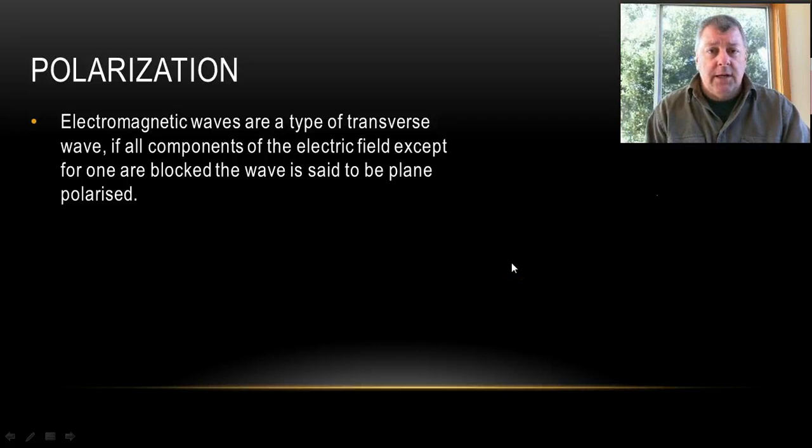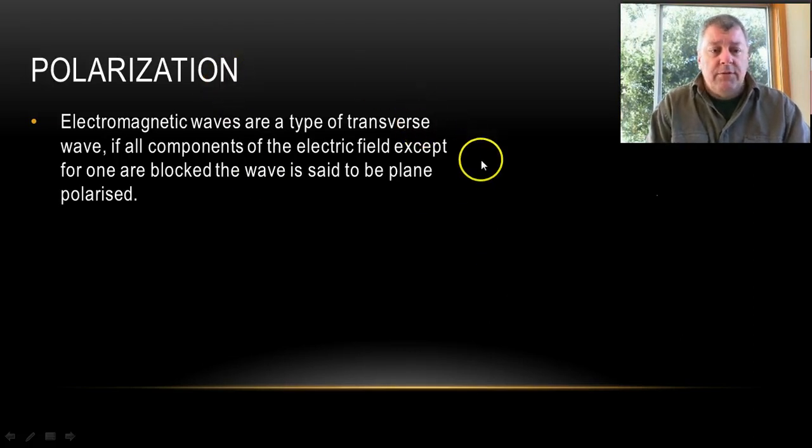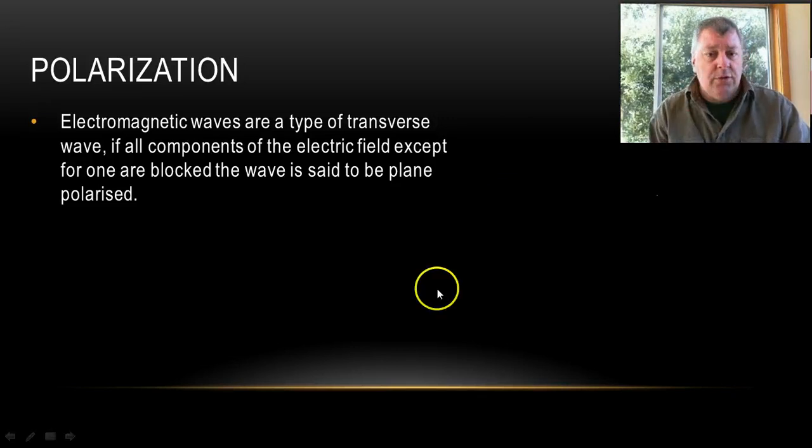Now, we've learnt that light is an electromagnetic wave made up of a self-propagating magnetic and electric field, and that it's part of the electromagnetic spectrum. With polarization, we like to envisage that one photon of light is vibrating in all possible directions.